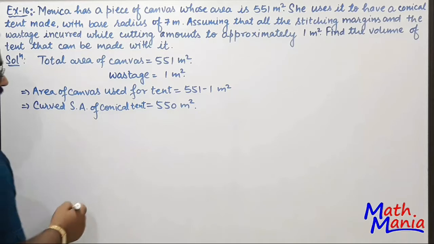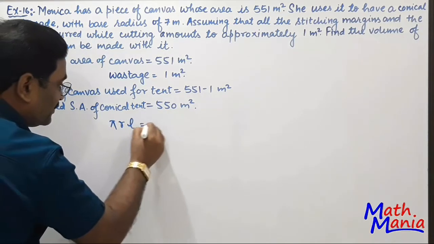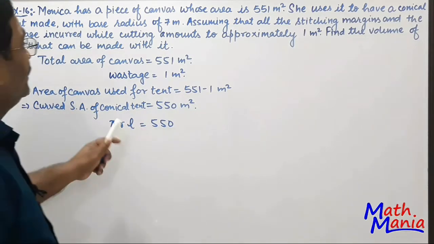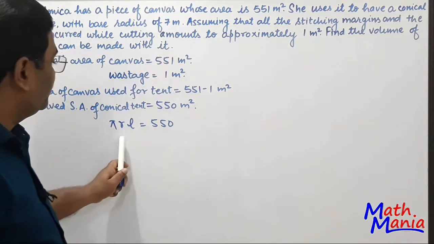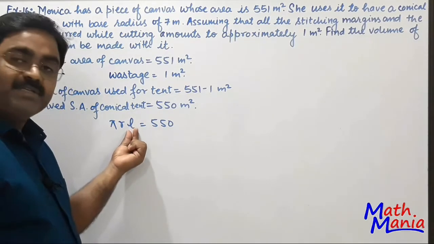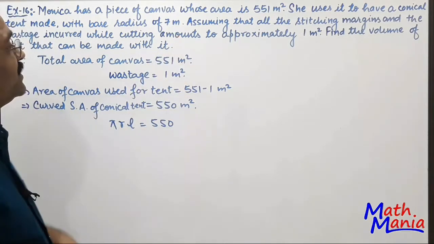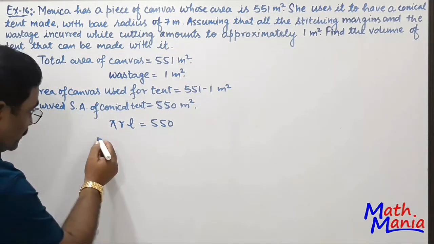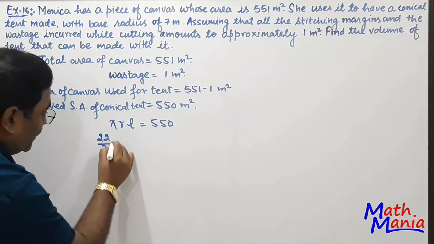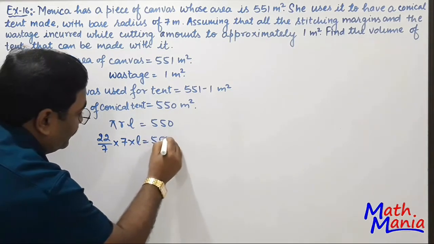You know that the curved surface area of a conical tent is pi r L, which is equal to 550 meter square. Now the radius of base is given, that is 7. Let us find the value of the slant height, substituting the value of pi as 22 upon 7 and radius 7 meter: 22 upon 7 multiplied by 7 into L is 550.